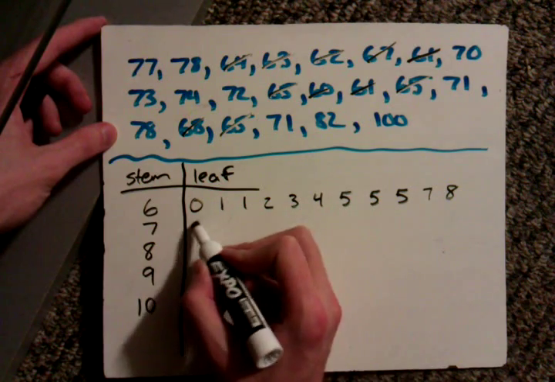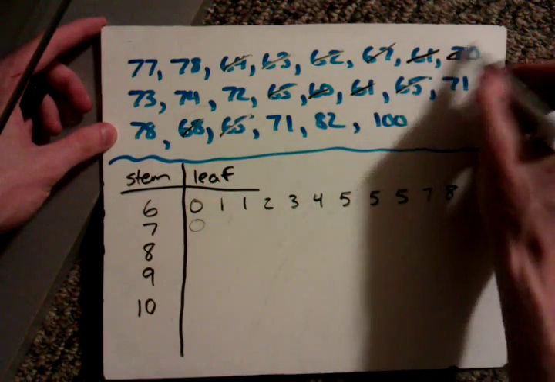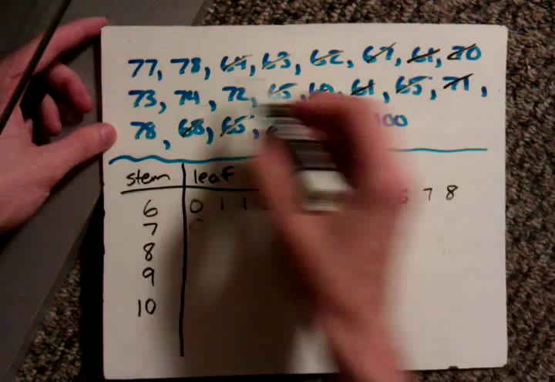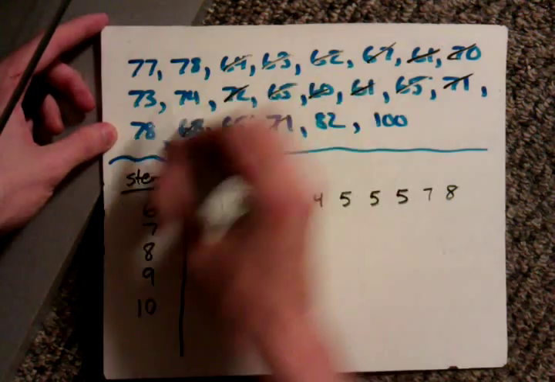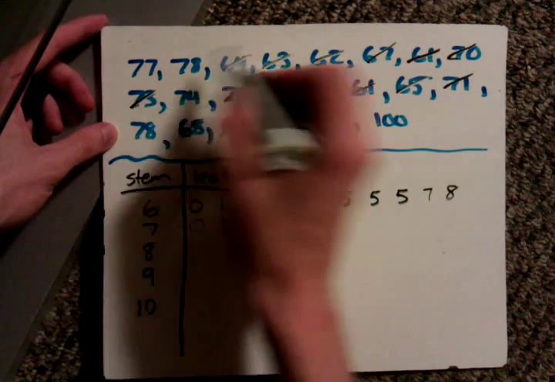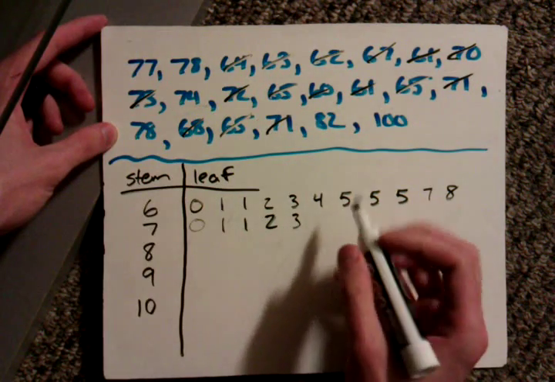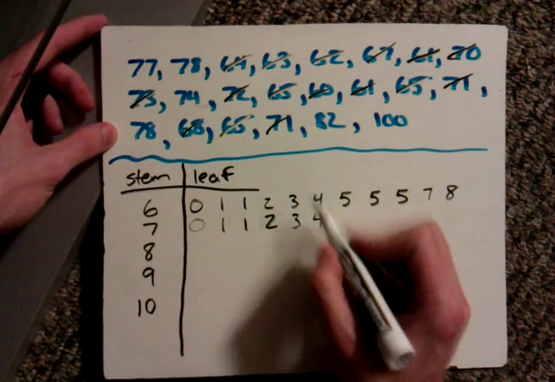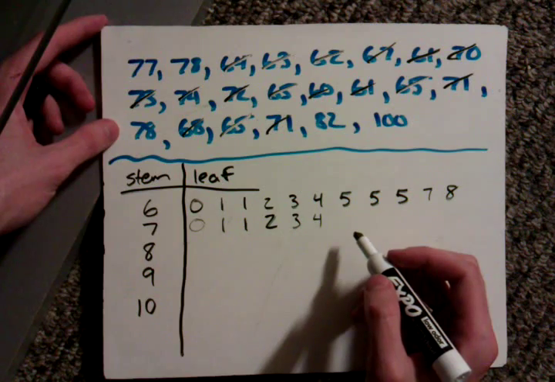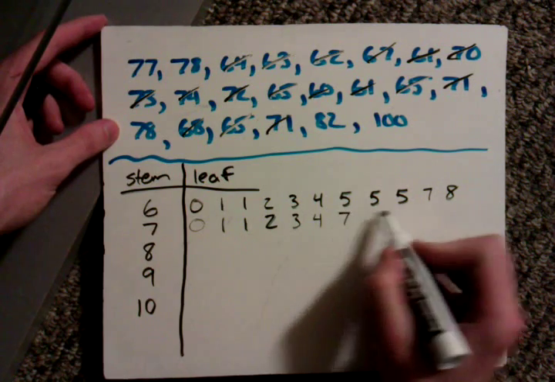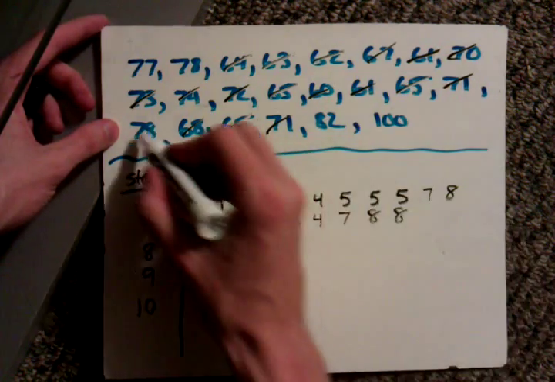So we have a 70, we have 2 71s, a 72, a 73, a 74, 77, and 2 78s.